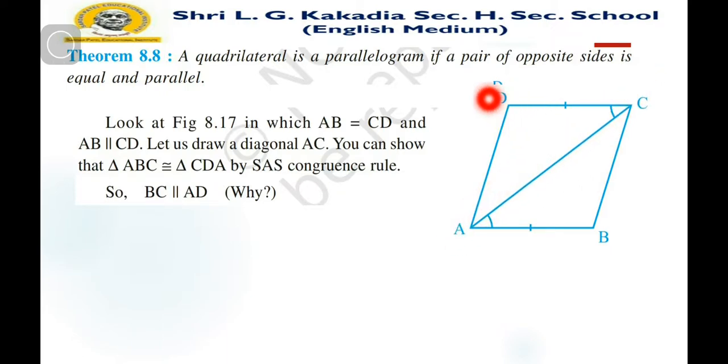So easily you can prove that triangle ABC is congruent to triangle CDA by the SAS rule, side-angle-side, so that BC is parallel to AD. So we can say that.